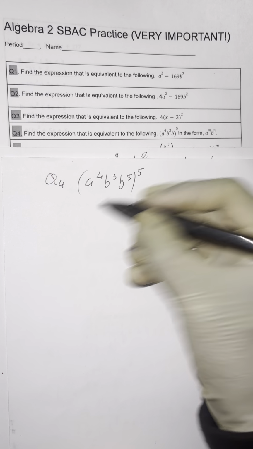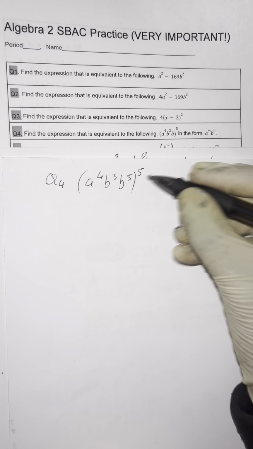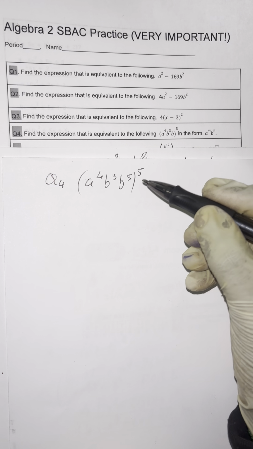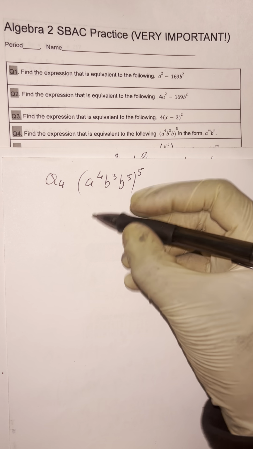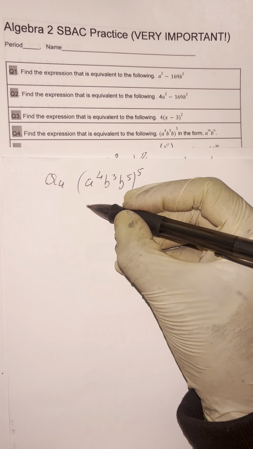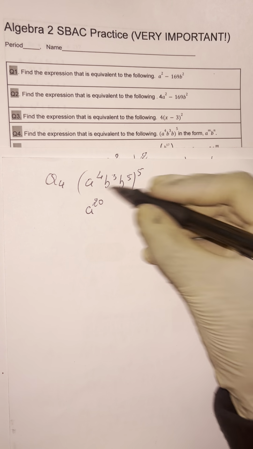Again, this is the concept about exponents. All you have to do is multiply the 5 into the parentheses with each one of these terms. So we're going to multiply 5 with a to the power 4, so that's going to turn into a to the power 20.